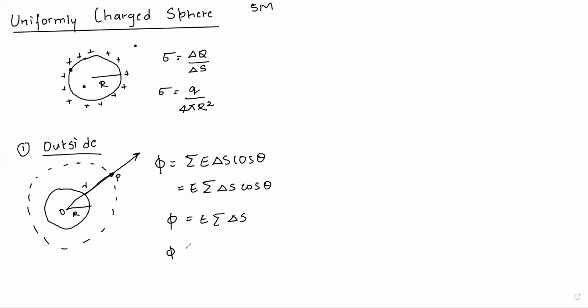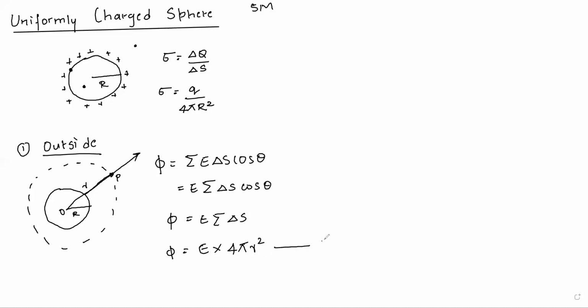Therefore, I can write phi is equal to E into 4 pi r square. For this outside sphere, the radius is small r. Whereas in the charged sphere, the radius is capital R, and in this imaginary sphere, the radius is small r. Therefore, phi is equal to E into 4 pi r square.